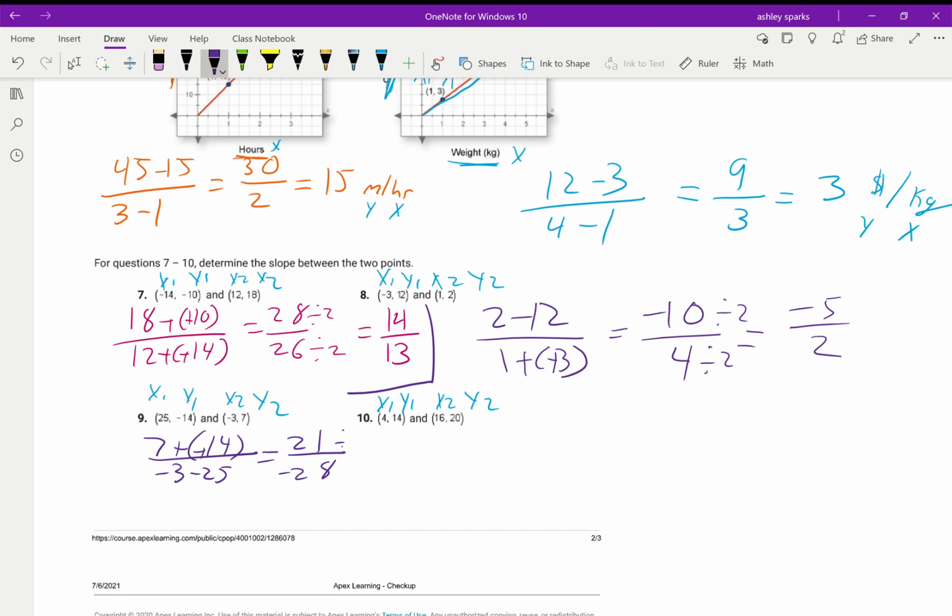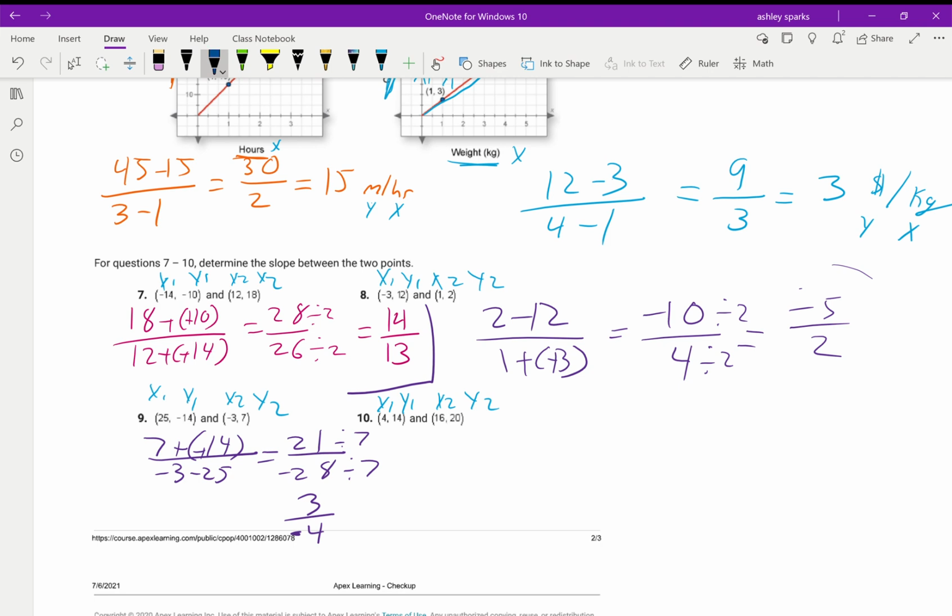Both of these are divisible by 7. So 3 over negative 4. The negative, a lot of times with Apex, will be on the top, so just be careful about that. That's why I moved it out to the front. If you wrote it with the 4 still negative, that's fine. Just be careful of how Apex might present it to you.